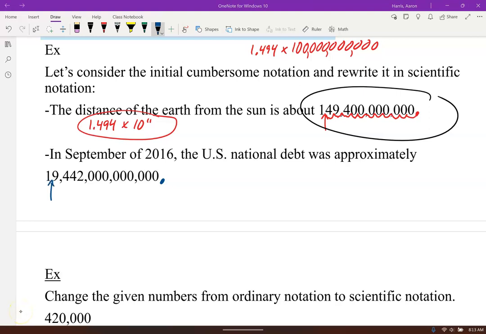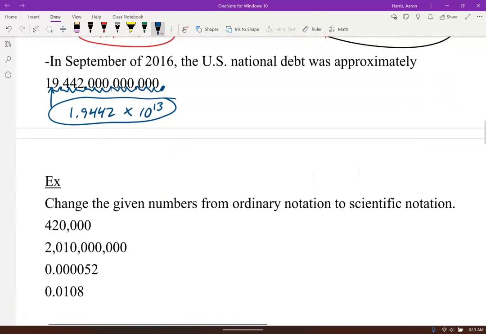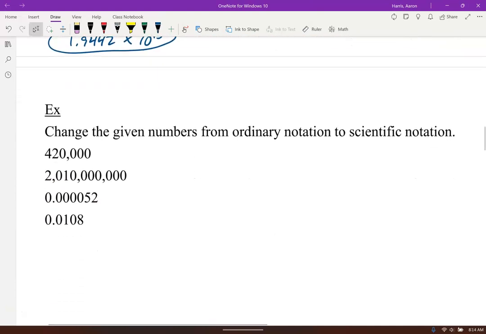So we want to move it right between those. So 1.9442 times 10 to the, let's see how many times we move that over. 1, 2, 3, 4, 5, 6, 7, 8, 9, 10, 11, 12, 13. So times 10 to the 13th. 1.9442 times 10 to the 13th.